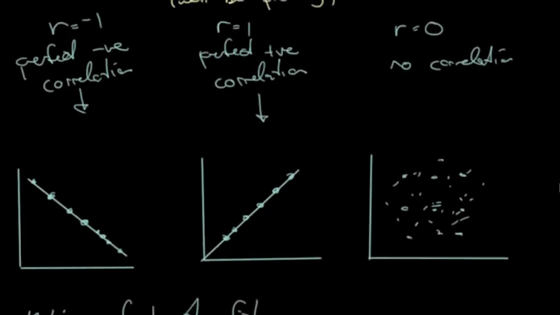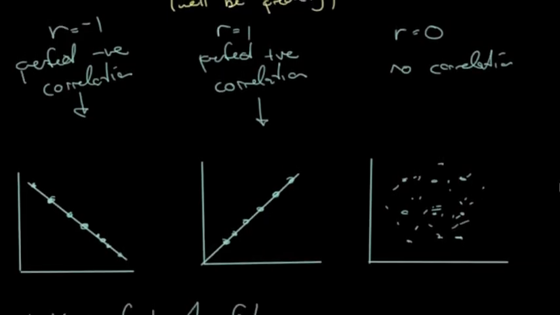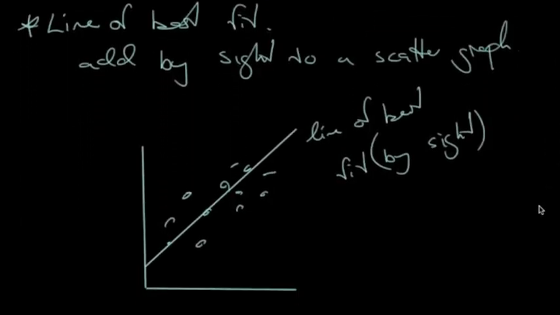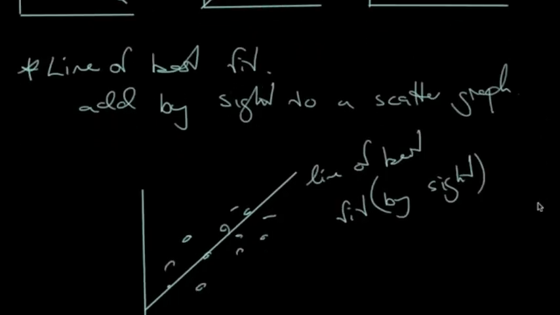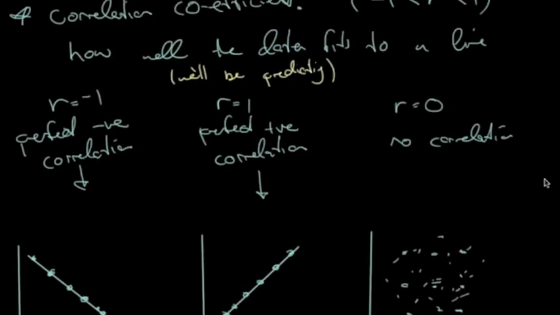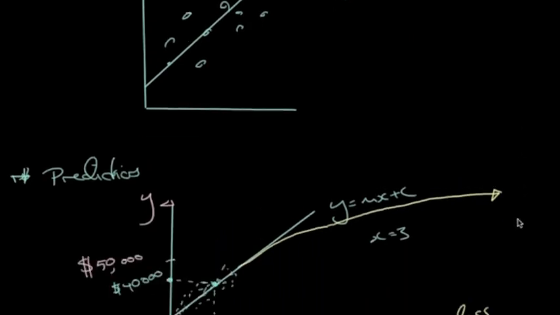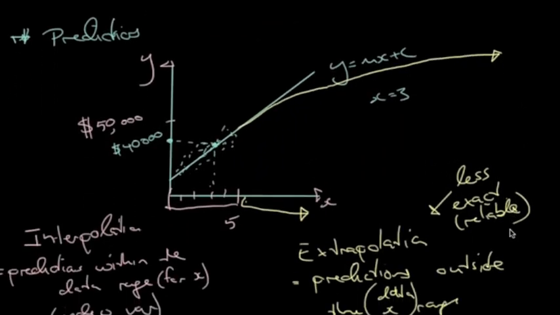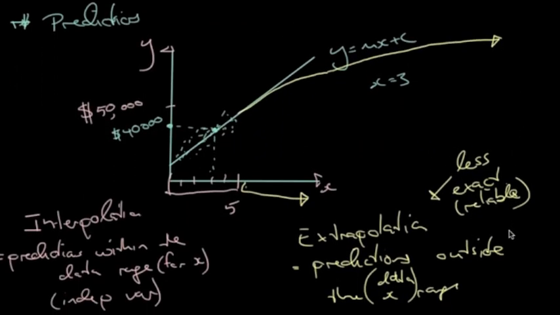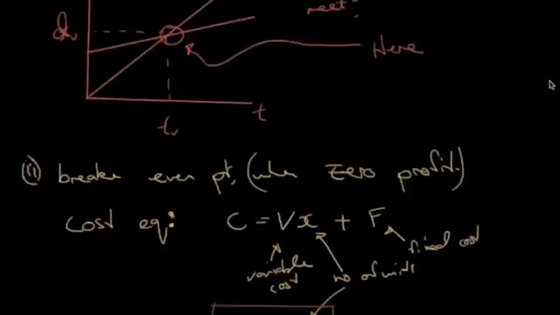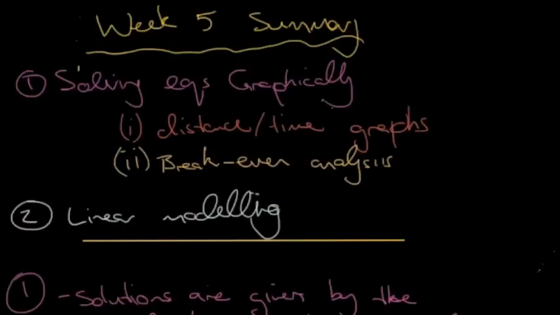And we've got perfect negative correlation, perfect positive correlation, no correlation. And then we looked at lines of best fit. And lines of best fit obviously are very related to our R values. And you could say, what's the R value of this line of best fit? And then talked about predictions. So making predictions within the data range or outside of the data range, and the associated accuracy of interpolation and extrapolation. So that's the week 5 summary.